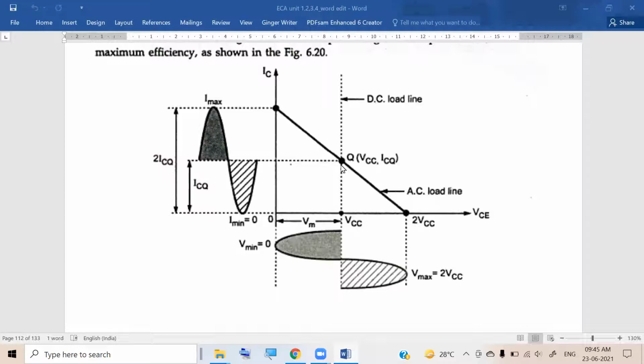Then this is VCC, double of that will be 2 VCC. So the point where this AC load line intersects the y-axis will be 2 ICQ. The point where it intersects the x-axis will be 2 VCC.